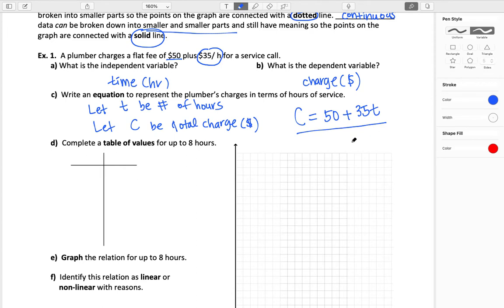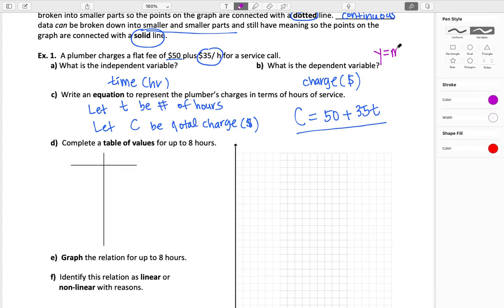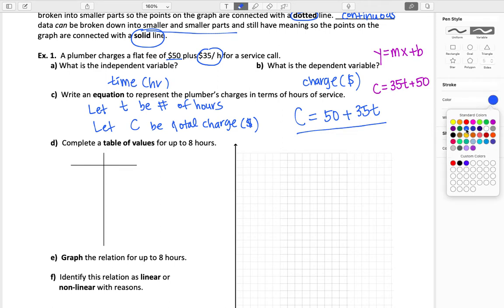I could rearrange this if I want to look at it in slope y-intercept form. The slope y-intercept form looks like y is equal to mx plus b. And we will look into that later. So if I rearrange this, it could be C is equal to 35t plus 50. The one with the variable comes first, and then the constant number comes last.